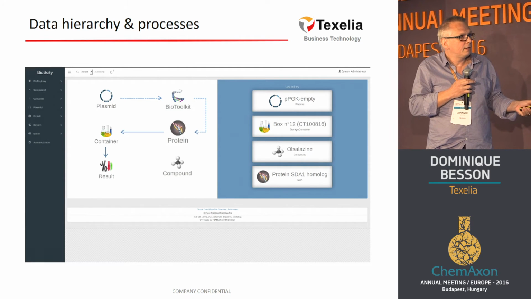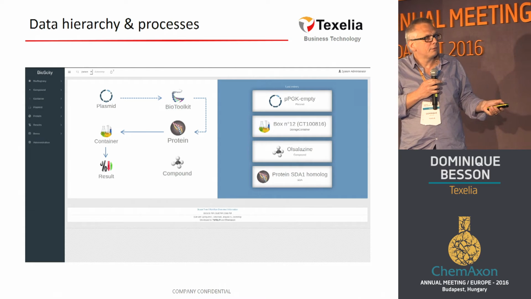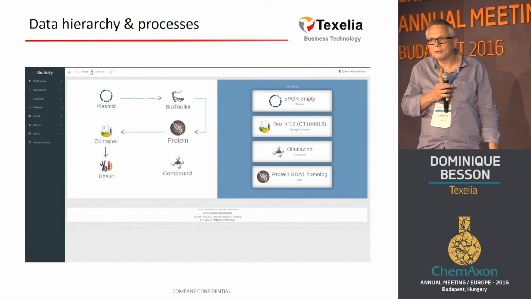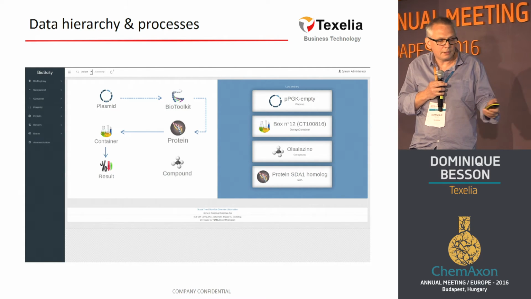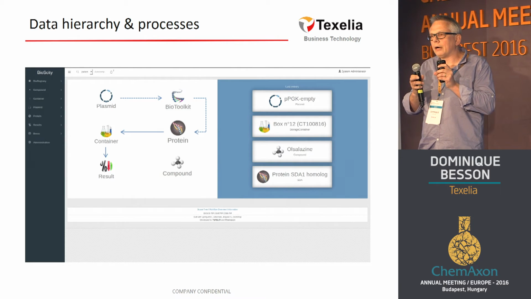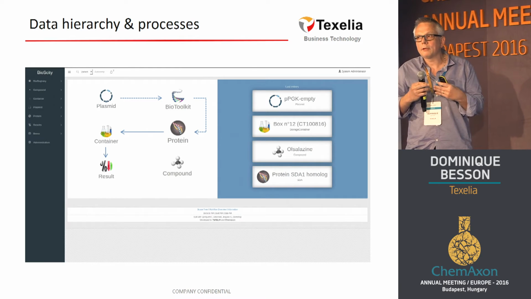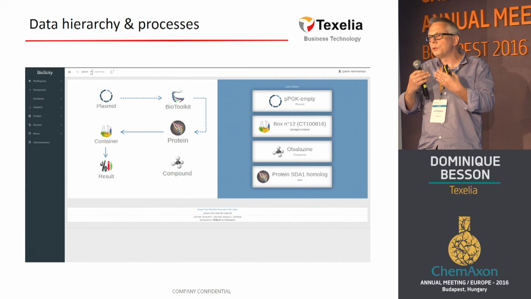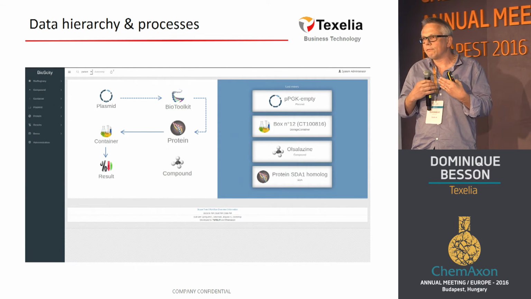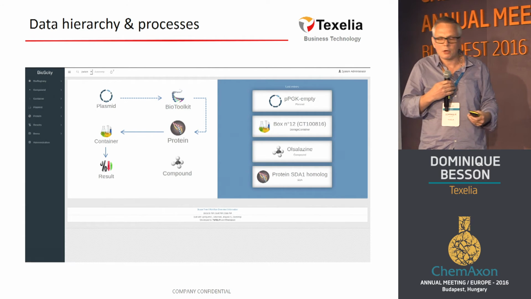As you can see there are 2 layers that are together or closely related. This is the protein, and this is the BioToolkit. Both of them are working together and are closely integrated in order that during the registration, you can immediately retrieve information and populate the database as well.